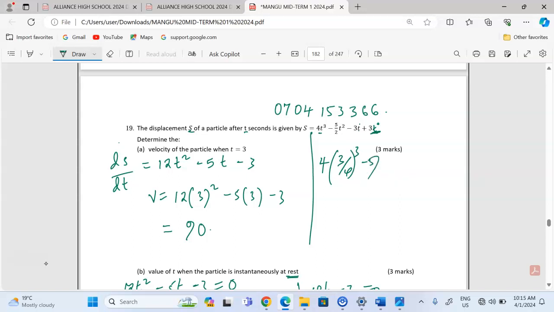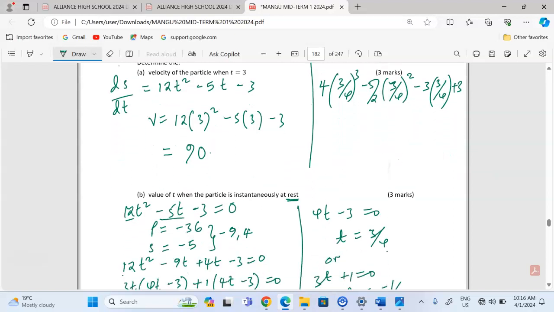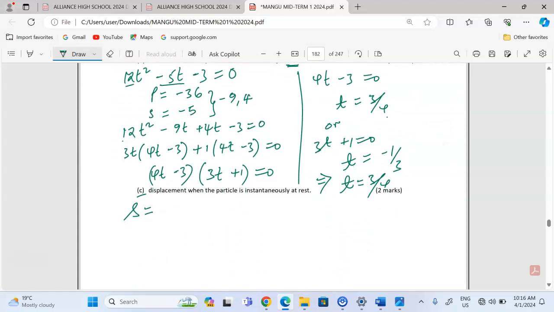We have 4 times 3/4 cubed, minus 5/2 times 3/4 squared, minus 3 times 3/4, plus 3.